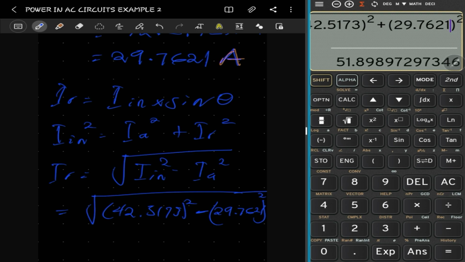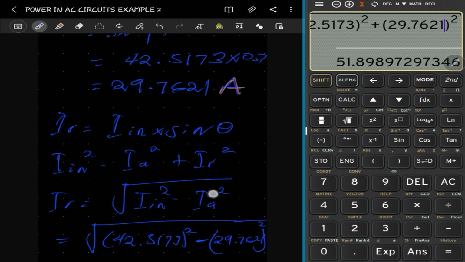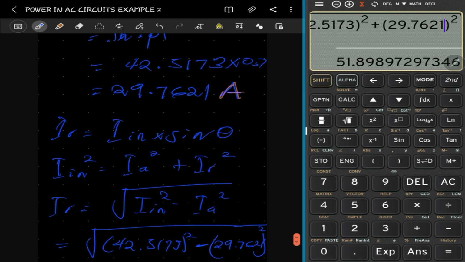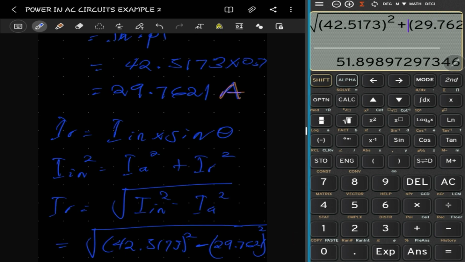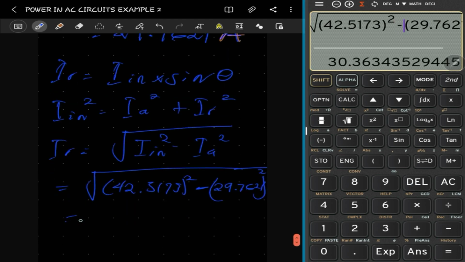So 42.5173 squared minus 29.7621 squared gives 30.3634.